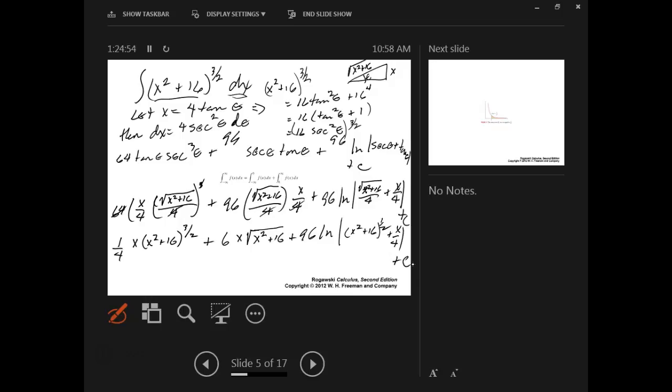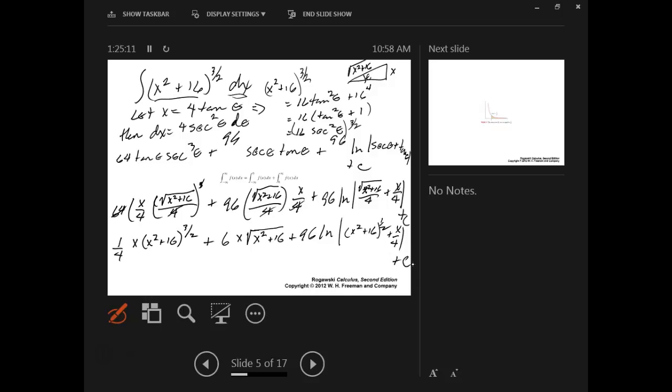Because they say, you can see it up above, secant theta is the square root of x squared plus 16 divided by 4. Yeah, so when they plugged in, they did 64 times x over 4, that's the tangent theta, okay?